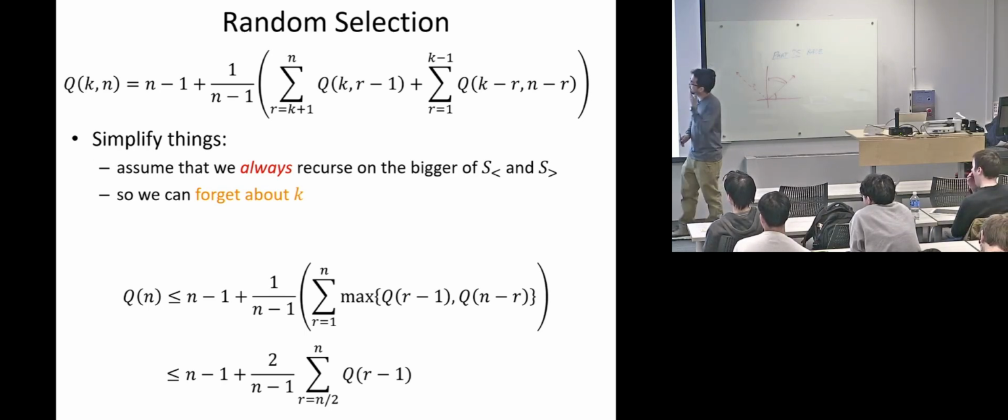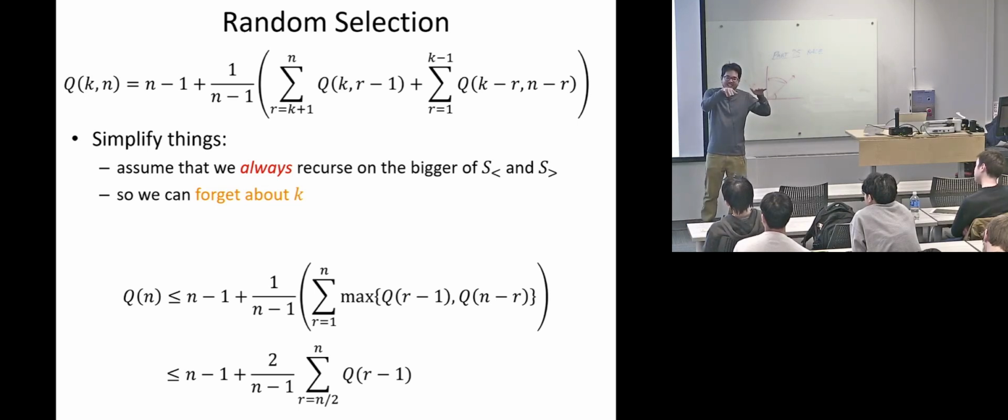How do we do that? One idea is this: let's assume instead that I always recurse on the bigger side of my recursion. I analyze something different, which is an upper bound of what I need to analyze. But it's going to simplify things.